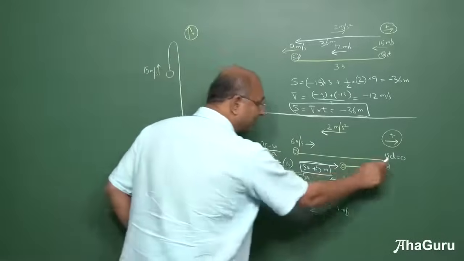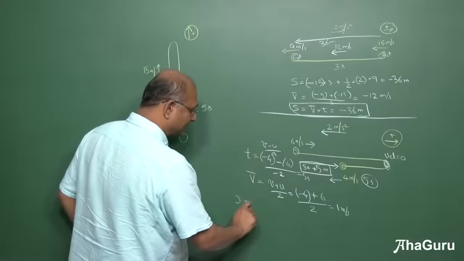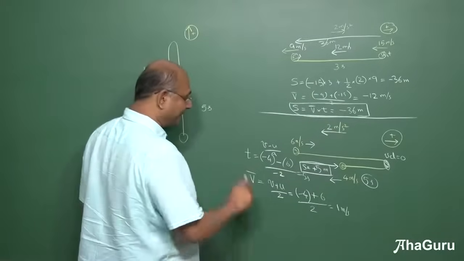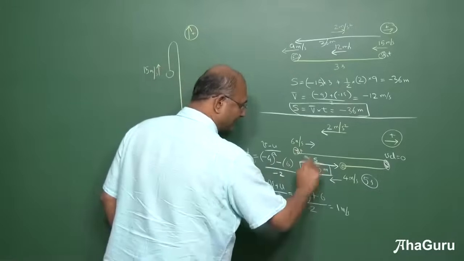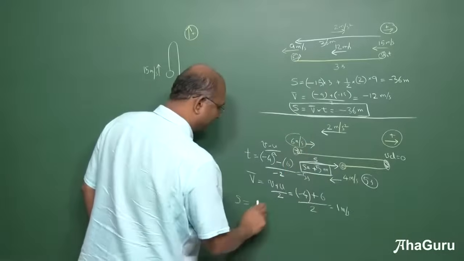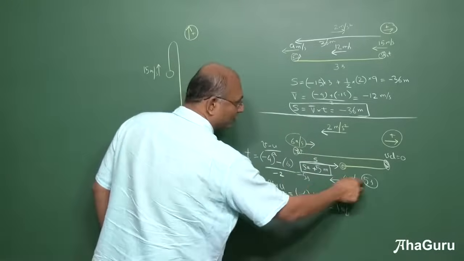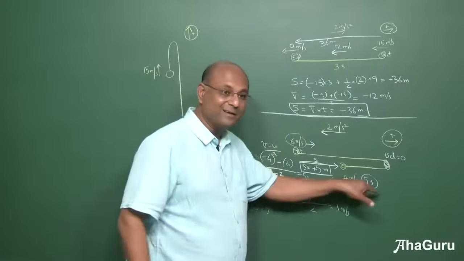Can I use ut plus half at square to calculate displacement? Yes. So let us calculate displacement. What is the displacement? S, not this S, this is start. I am talking about this S. S is u into t. But to calculate t, I had to do all this anyway.